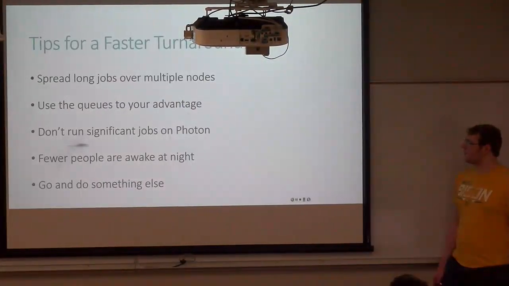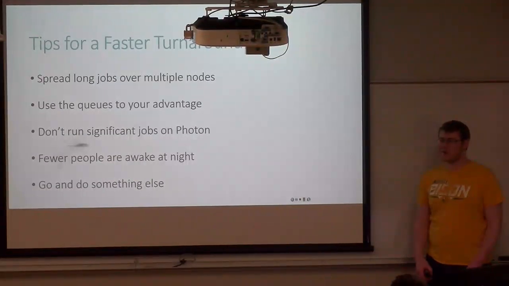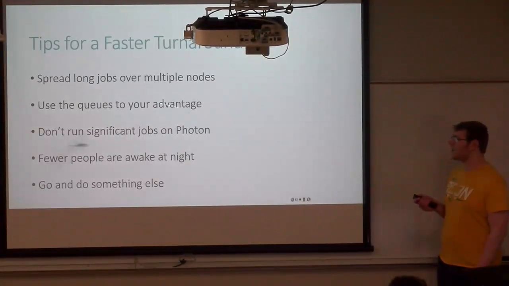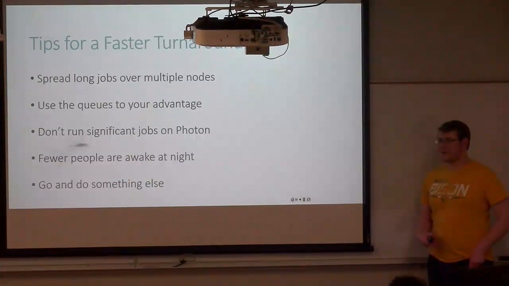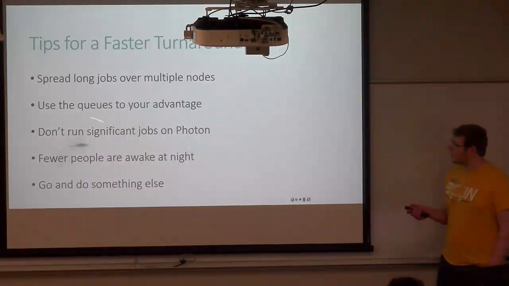Tips for faster turnaround. Spread long jobs over multiple nodes. As he was alluding to earlier, you can run a job on multiple nodes, not just one. This is particularly useful if you have a job that you expect to take many, many hours, days even. Use the queues to your advantage.